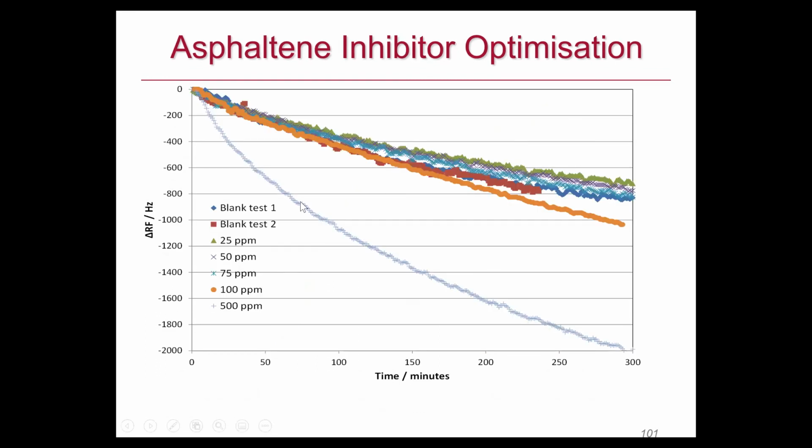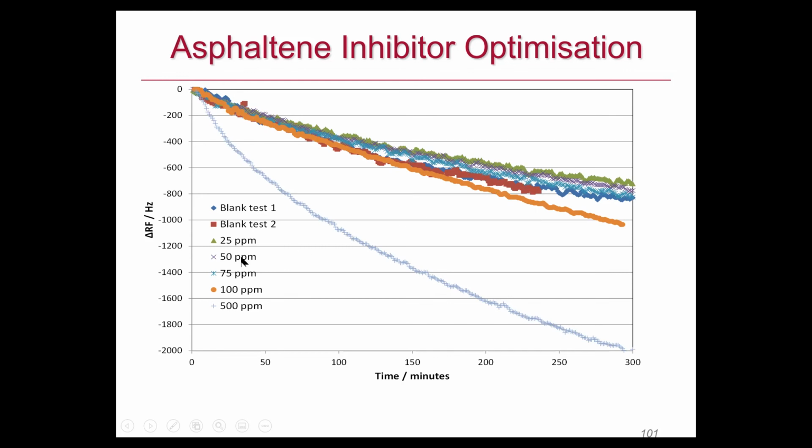And this is testing different inhibitors, and very interestingly, if you have too much inhibitor, it will work against you. You see that if you have a blank test without inhibitor, the blue line, and test 2, they are relatively repeatable.